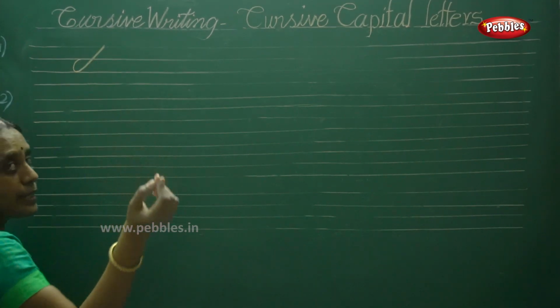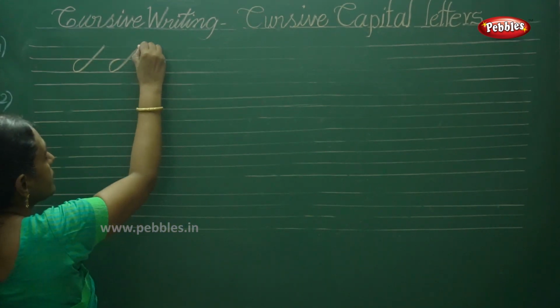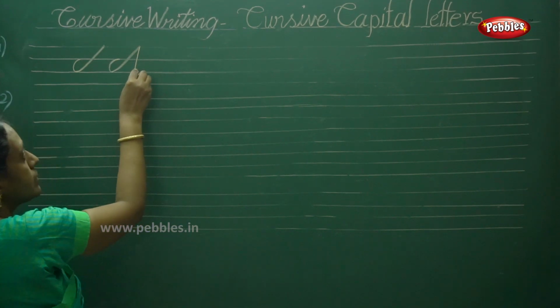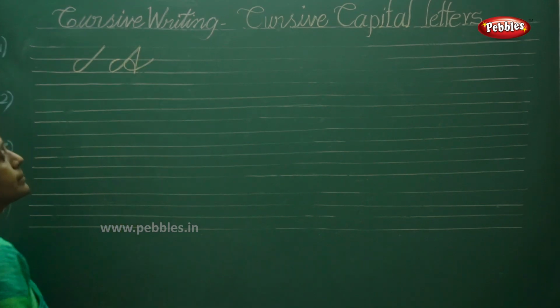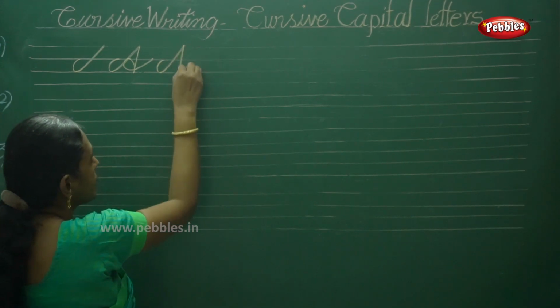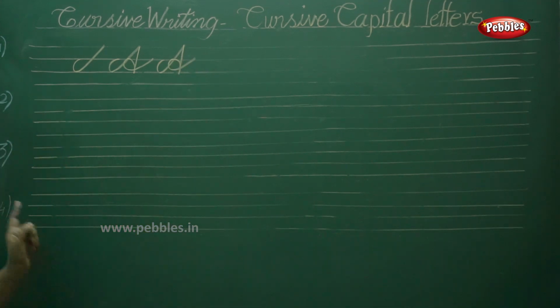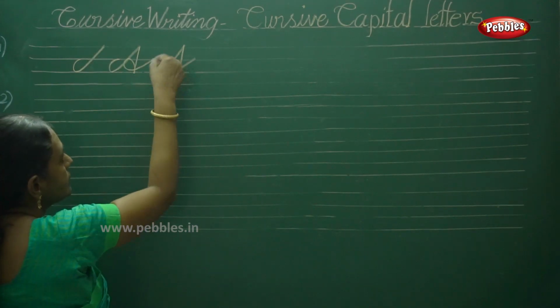Once again I will write, listen here children, then it comes down, and this one. So this is cursive capital A. Once again I write it: 1, 2, 3. First step, second one and third.